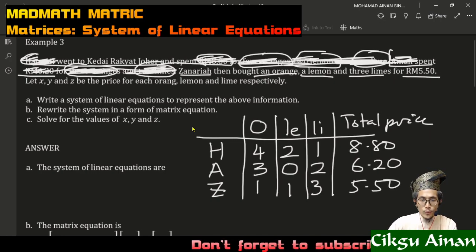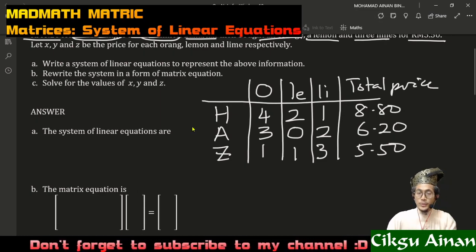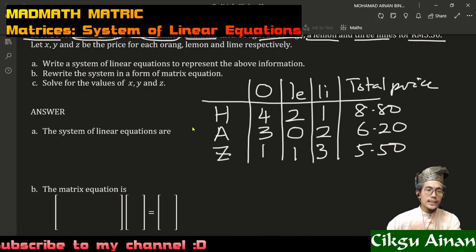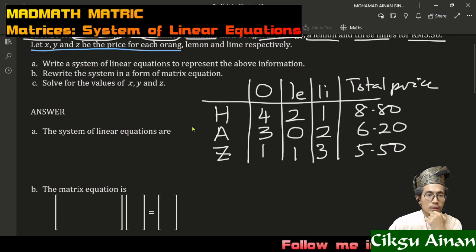Now we are yet to form the system of linear equations because we don't know which one is x, which one is y, which one is z. That's why the question tells us over here: let x, y, z be the price for each orange, typo, I'm not selling any human being.